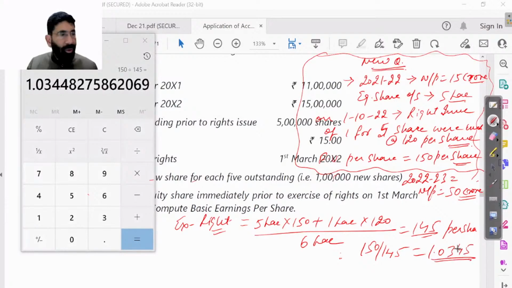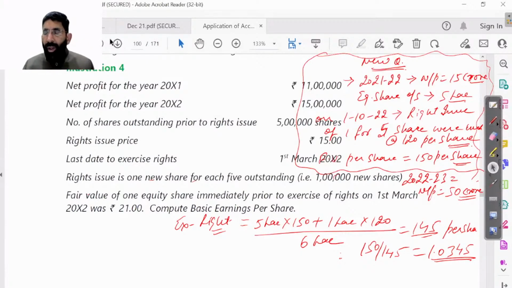It is 1.0345. So this is the adjustment factor. Good, very good. Is that clear to everyone?